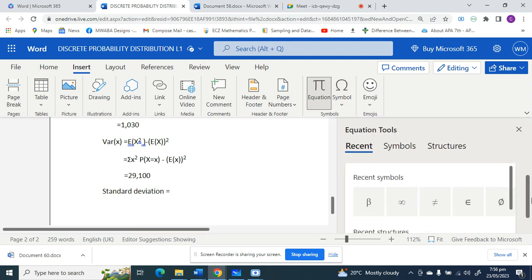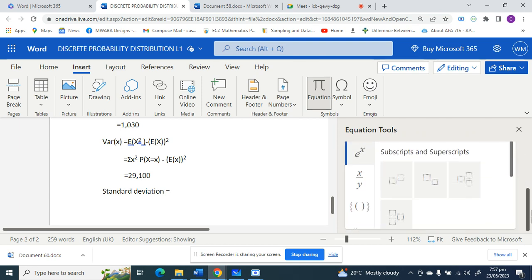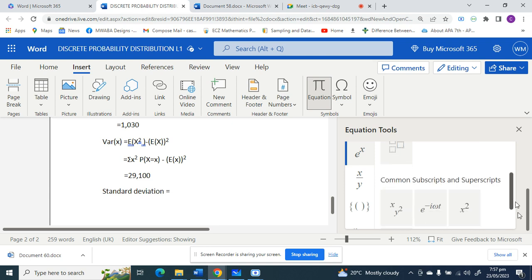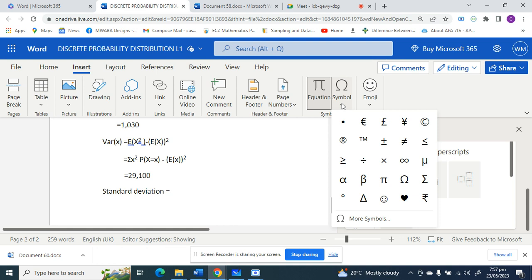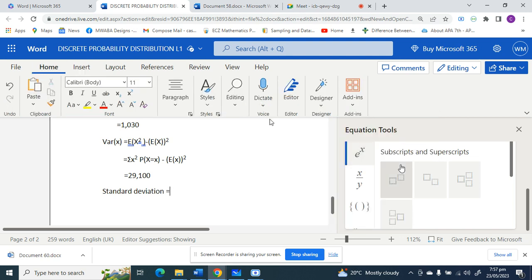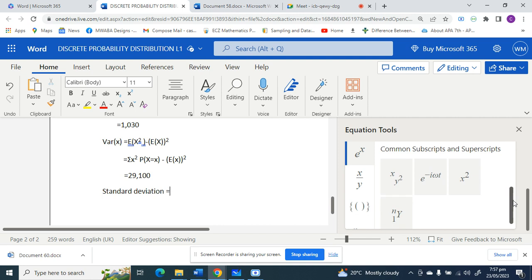What is the square root of 29,100? 170. Okay, that can indicate that the data points are near the mean. They're not really that spread out.